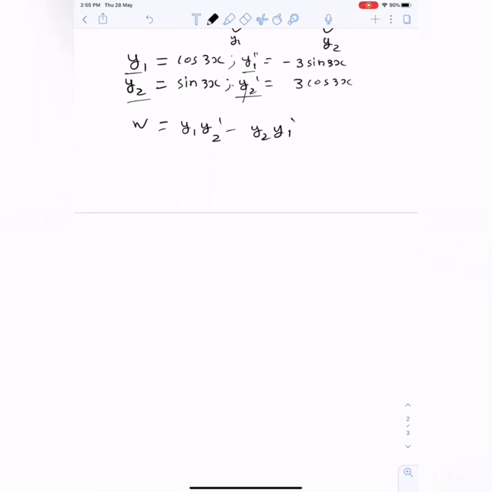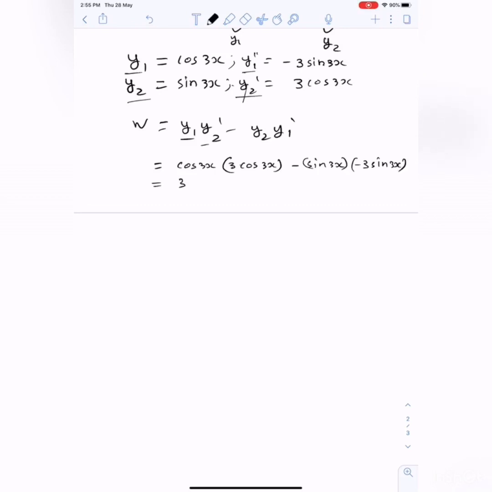So our Wronskian would be y1 y2 dash. y1 is cos of 3x, y2 dash is 3 cos 3x, minus y2, which is sin of 3x, times y1 dash, which is negative 3 sin of 3x.